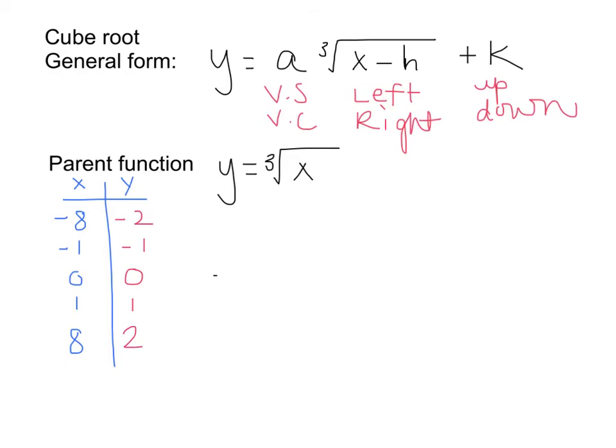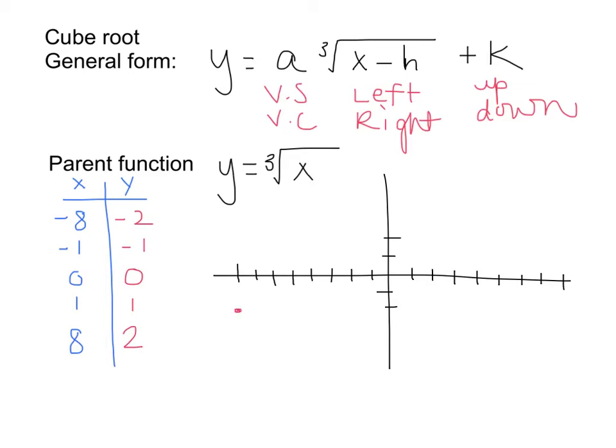I'm going to draw what this looks like. So -8, -2, -1, -1, 0, 0, 1, 1, 8, 2, and your graph looks like this.